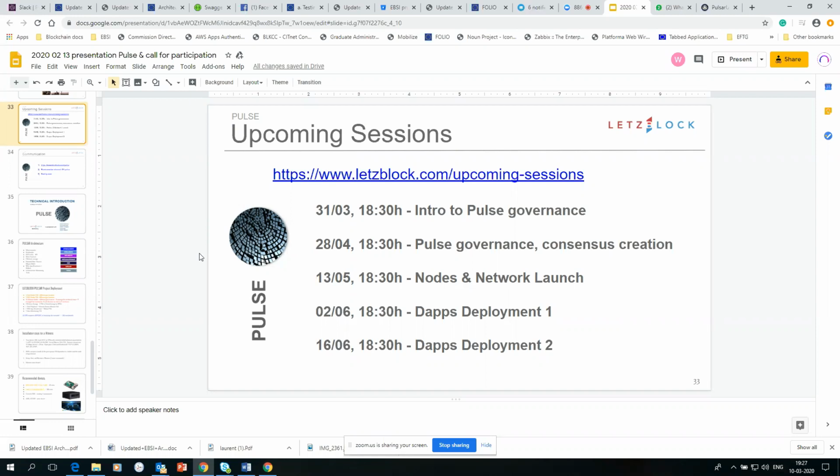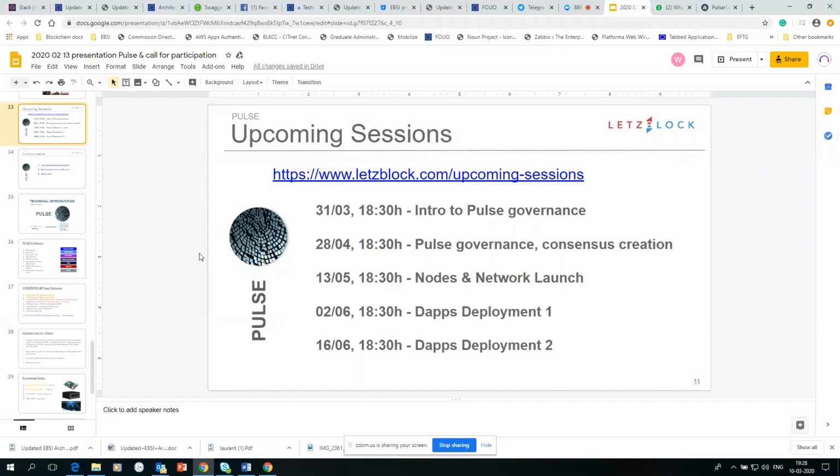And then for the 13th of May, you need to bring your material, okay? We will be posting, as said before, the references. Either you bring your Raspberry Pi or your computer, with AWS available.